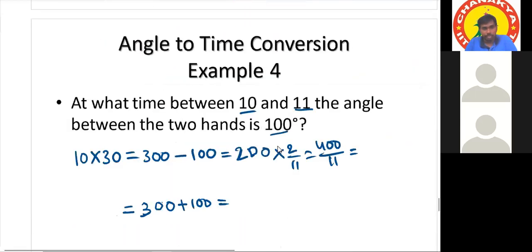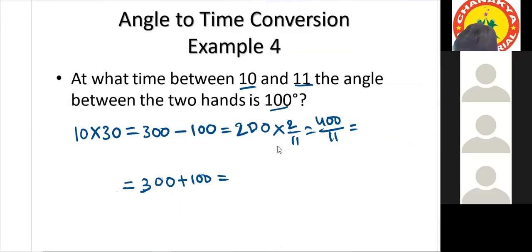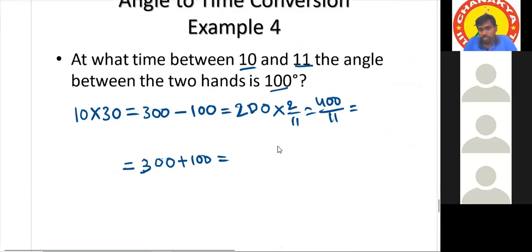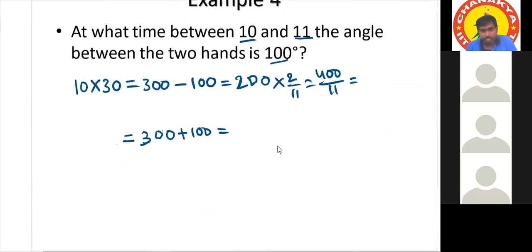Sir, I think there is only one time at which they are 100 degrees. Because when you are adding 300 and 100, the answer is coming as 72 8 by 11 minutes. For that purpose only, I have taken this question. Will it be only one time then?